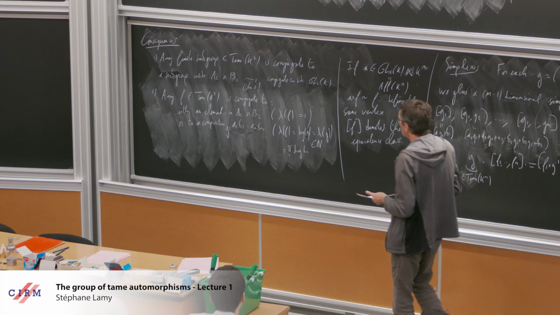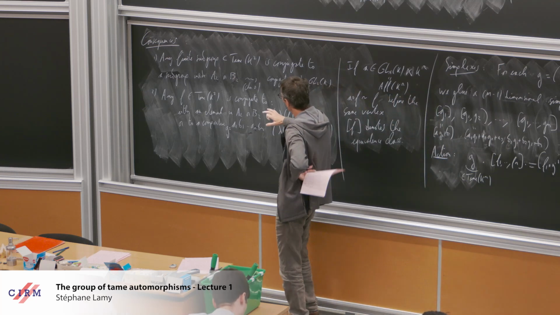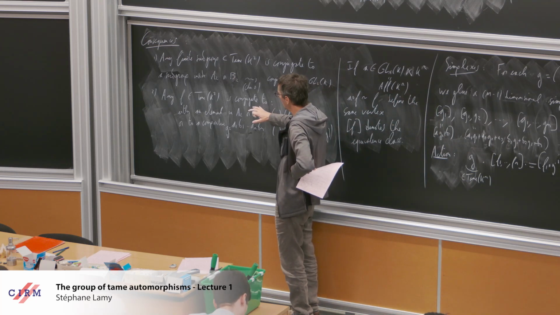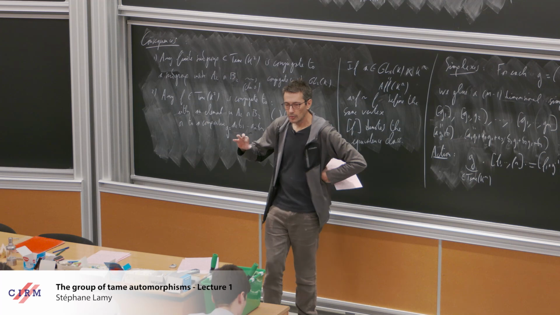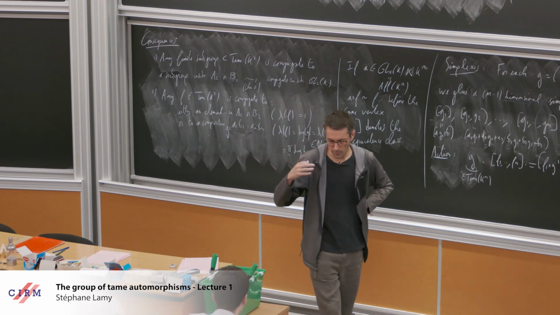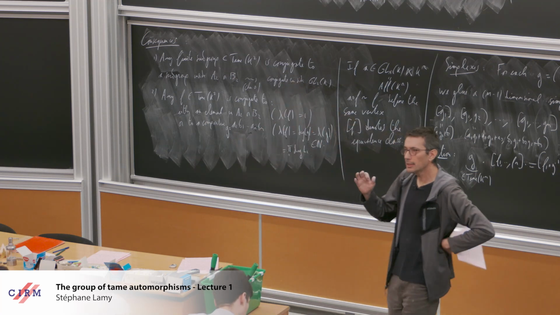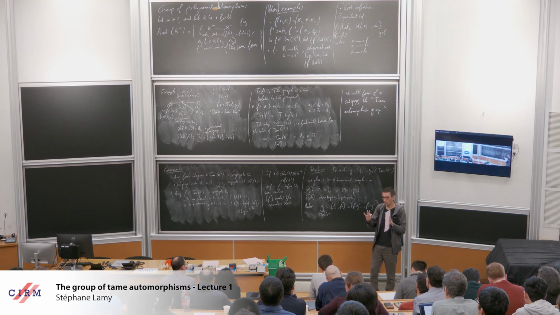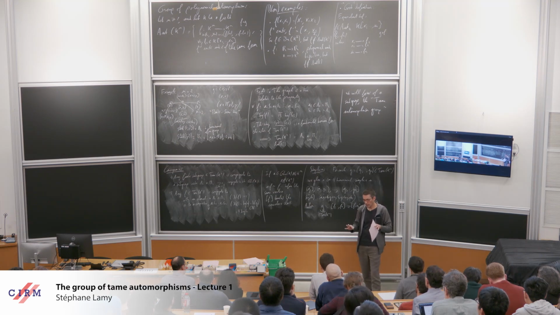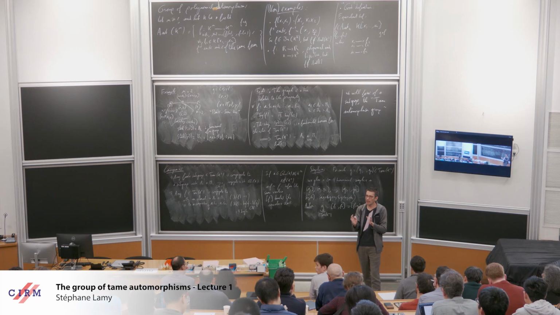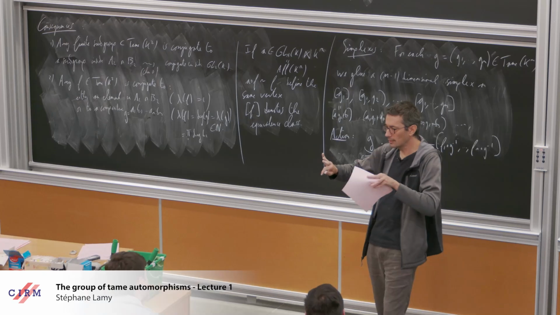Okay, and so from a dynamical point of view, when you want to compute a dynamical degree geometrically, you look for a good model. You would like to find another model where your map is algebraically stable. So you want the indeterminacy points of f and of f inverse to be disjoint.